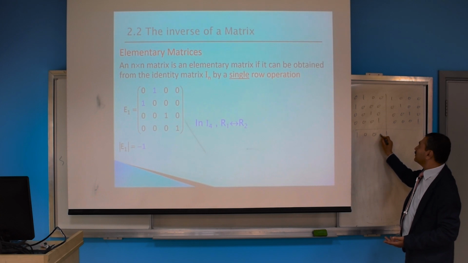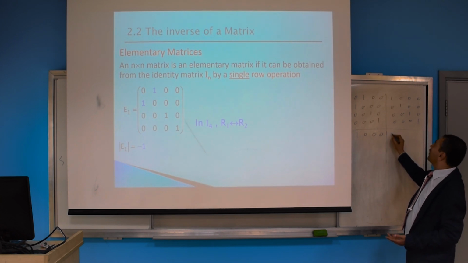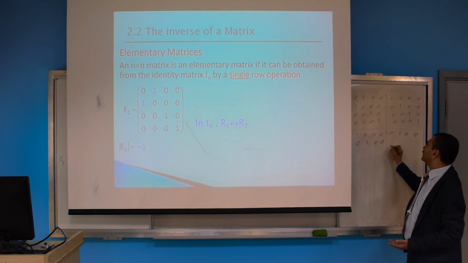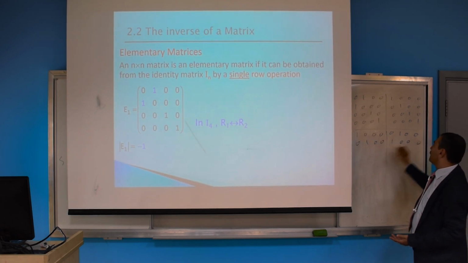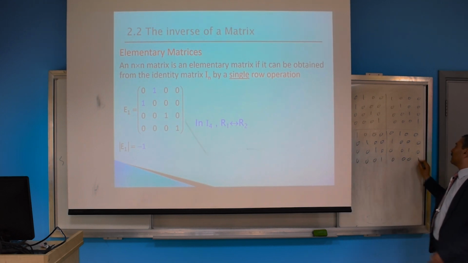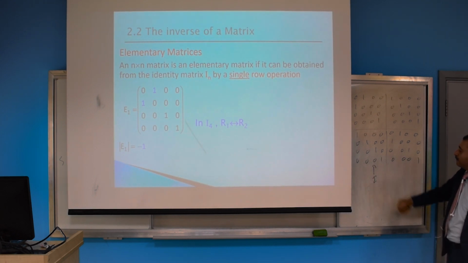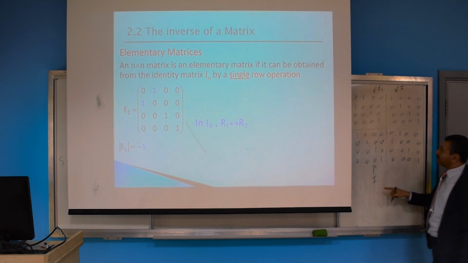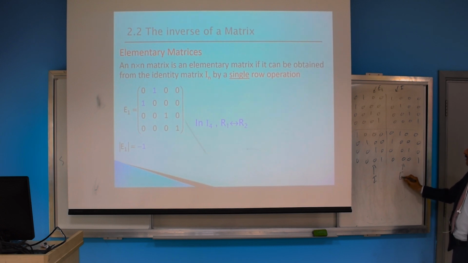0, 1, 0, 0, 0. 0, 1, 0, 0. 0, 1. What did we get? This is I. This is actually E1 augmented with I. After reduction, this is I. This is the inverse of E1, which is E1 itself.